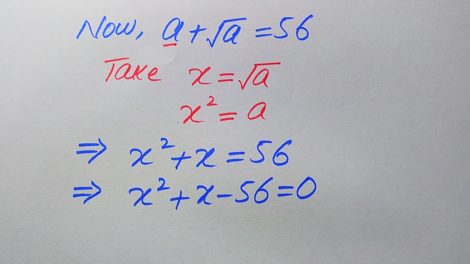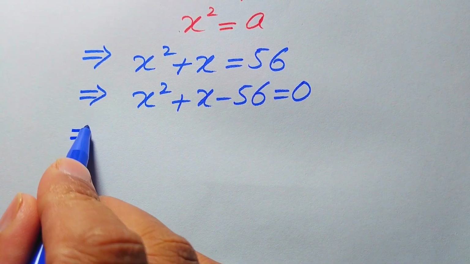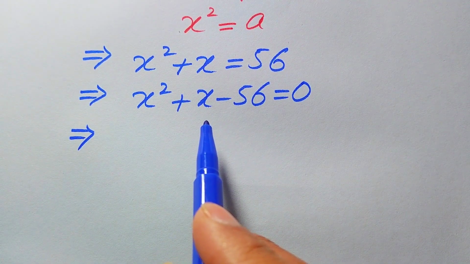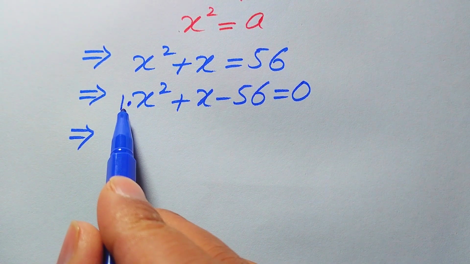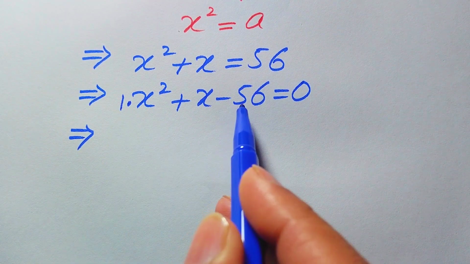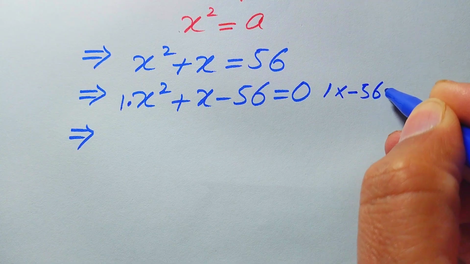Also you know that there are three methods to solve a quadratic equation. The first method is factorization, the second method is completing the square, and the third method is applying the quadratic formula. Here we can easily make the factors of this equation. The coefficient of x square is 1, so we multiply it by minus 56.